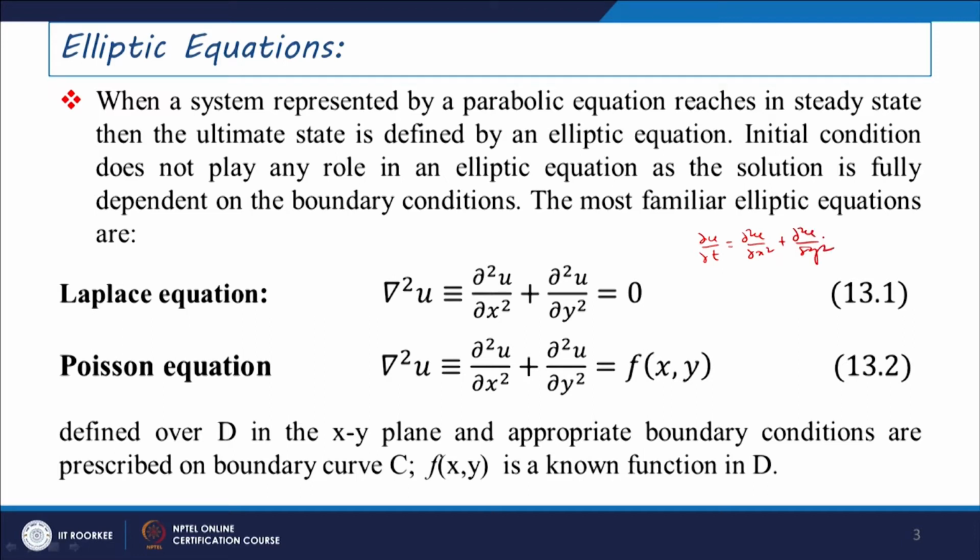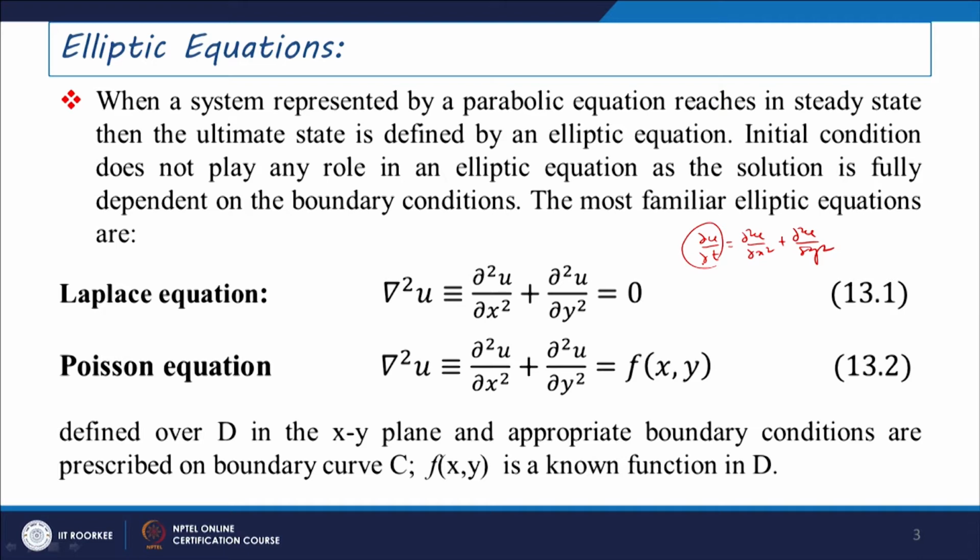And if you consider this system to be in a steady state, then we can consider the del u by del t term as 0, and then this equation reduces to the Laplace equation, which is nothing but the elliptic equation of the first kind.